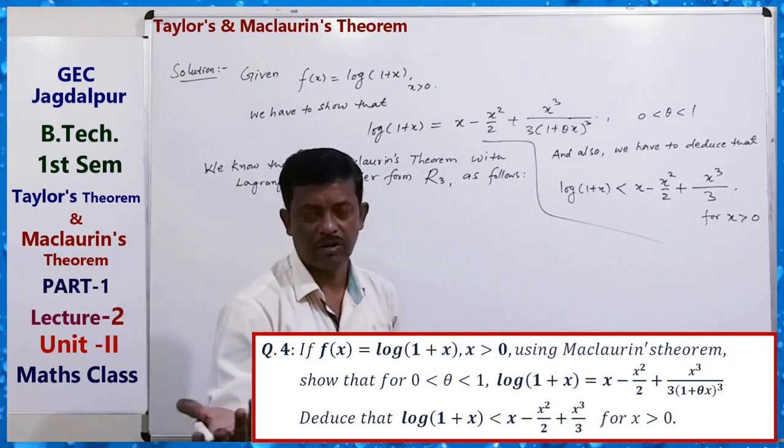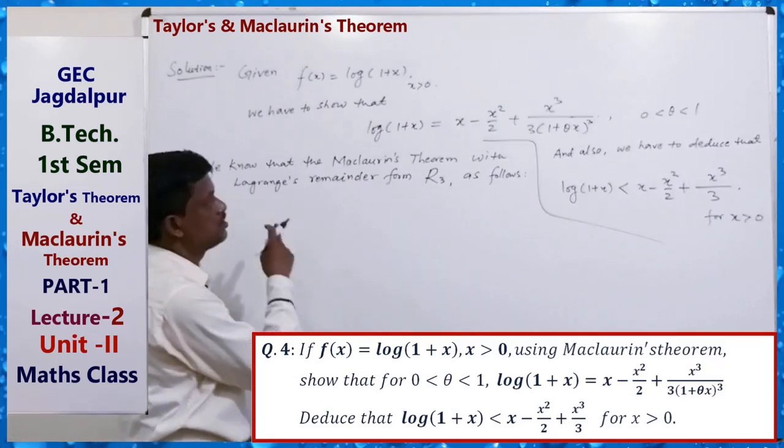Just write Maclaurin's theorem with the Lagrange remainder form.